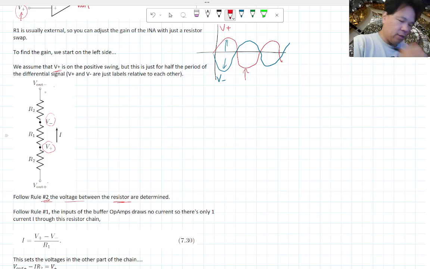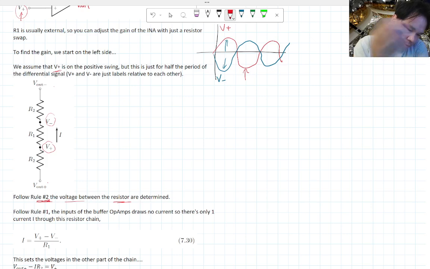I'm going to then assume the current is going to flow that way. Even if you assume the other way, the current will just flow in the opposite direction, and then all the signs will flip, and the same thing will happen. Then you can use rule number 2 to figure out the voltage between these resistors.